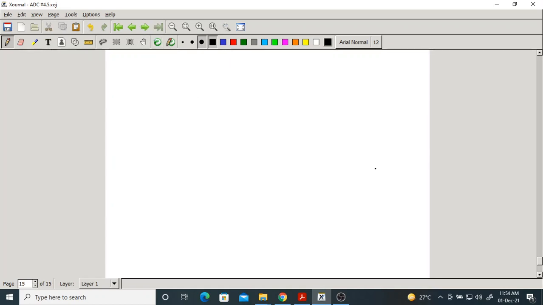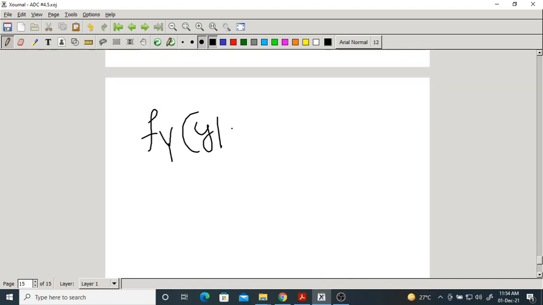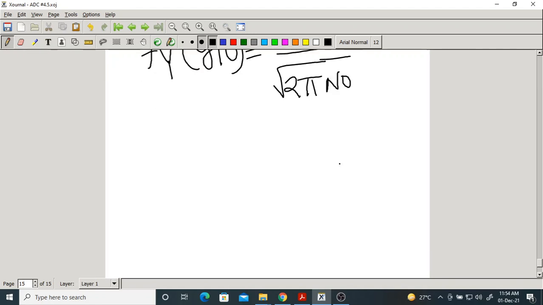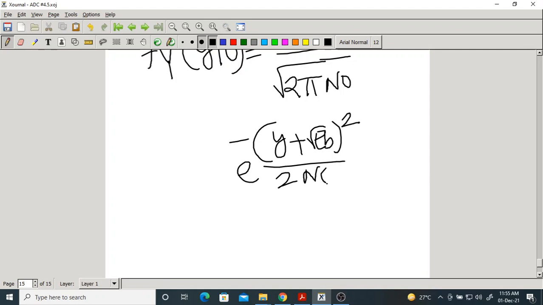I hope you can write for 0. F of y given 0 is 1 by root 2 pi N0, since sigma square is N0. Variance is N0, not N0 by 2. E power minus y plus root EB whole square by 2 N0.